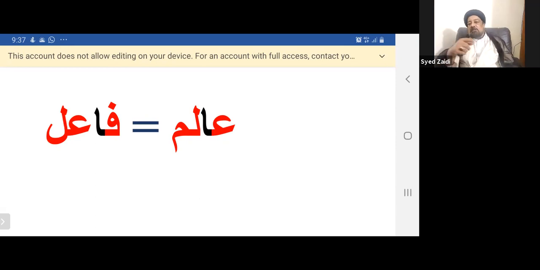Now, as I was saying, the word that you see, alim, is equal to fa'il. Now you see that ayn, lam and mim are huruf asli. Fa, ayn, and lam are huruf asli. The letter repeated in it is from huruf zaid.